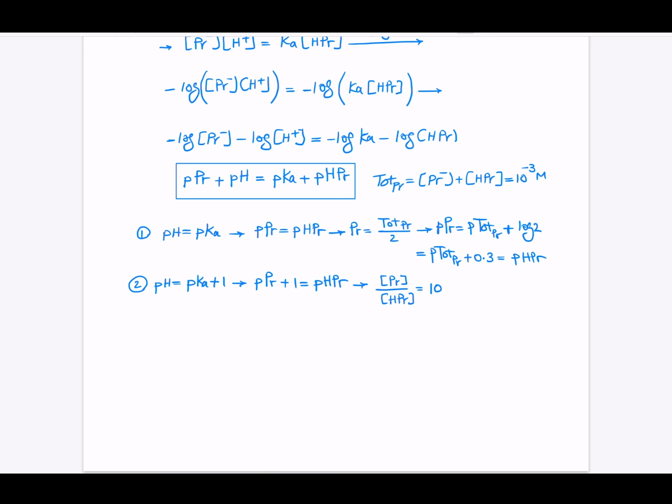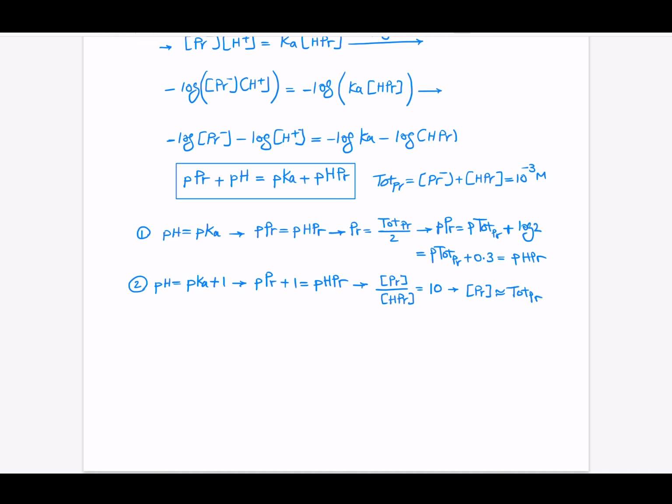So what this says is if we move 1 unit towards the right side of the pKa on the x-axis, then the concentration of PR would be 10 times more than the concentration of HPR. So it would be fair to consider PR is almost total PR.